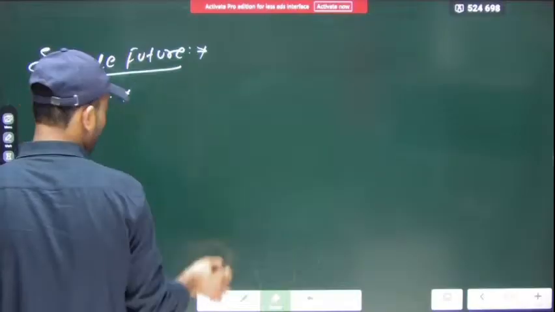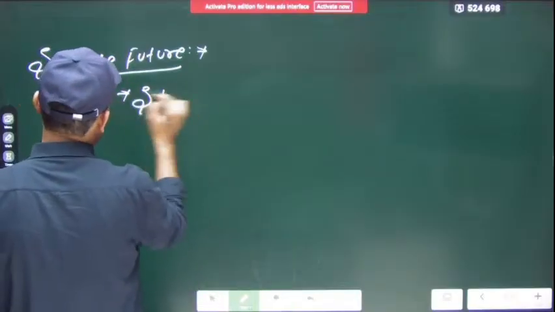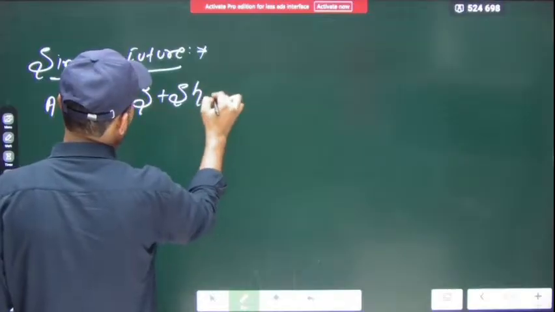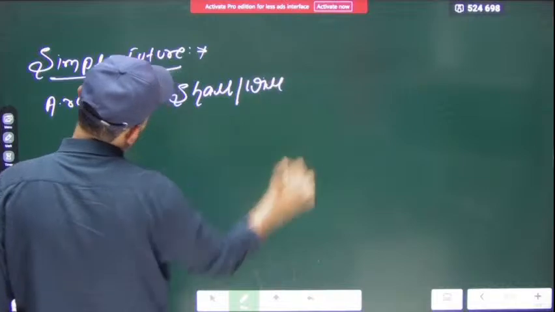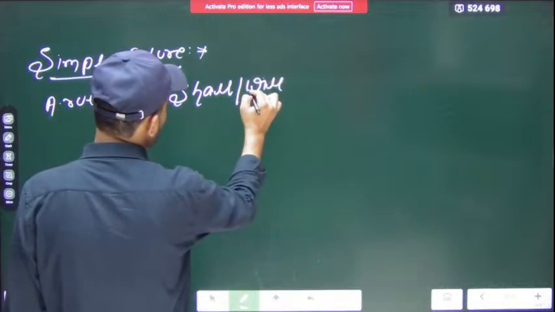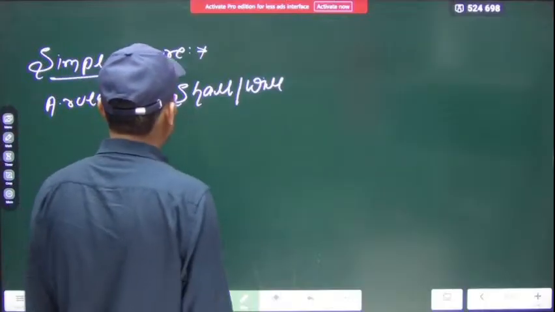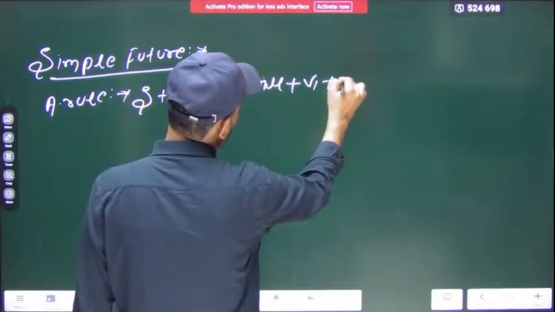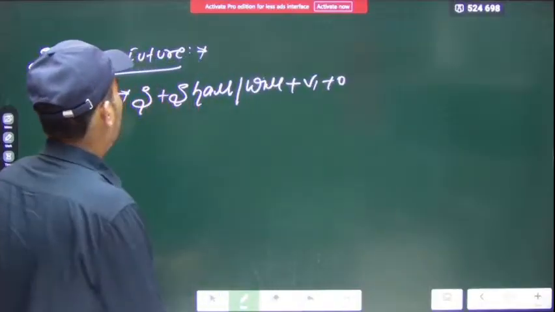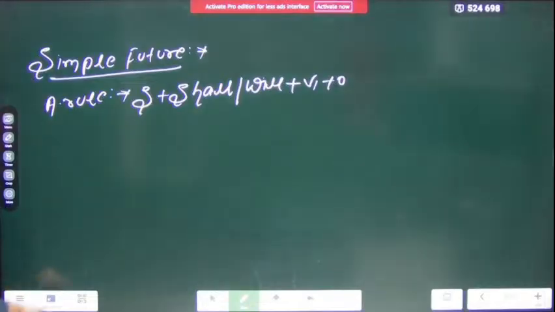After the subject we will write shall or will. Shall and will are modal verbs. So after a modal verb we write verb 1 and then the object. Subject plus shall/will plus verb 1 plus object. This is the affirmative rule.